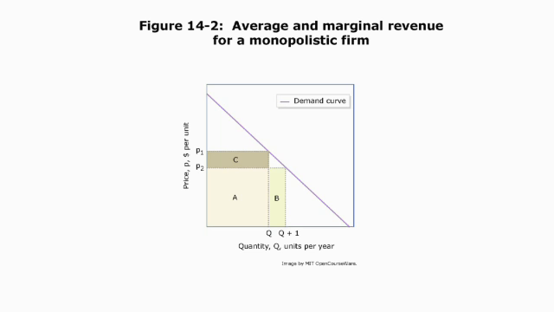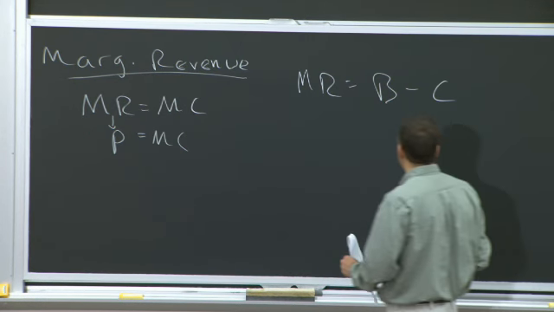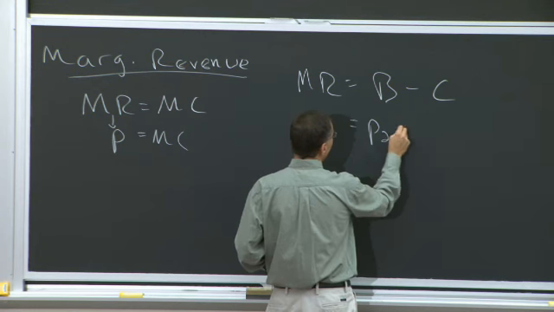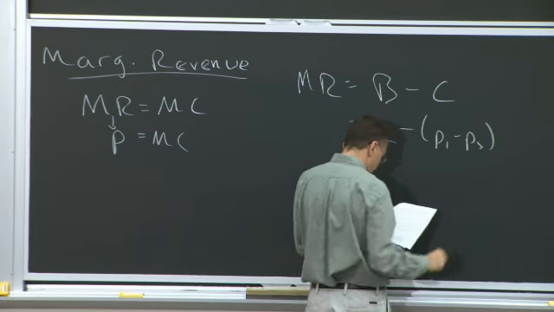On the one hand, on that next unit, he's going to make P2, so he gets the rectangle B. On the other hand, on all the units he was selling at P1, he now gets a lower price P2, so he loses the rectangle C. So the marginal revenue for this monopolist is equal to rectangle B minus rectangle C. Alternatively, if we write out what that is, it's P2 minus (P1 minus P2) times Q1.